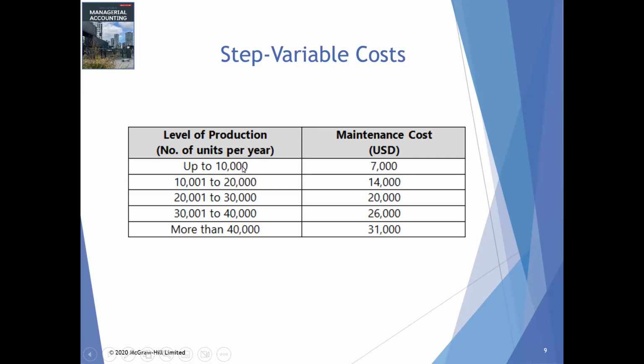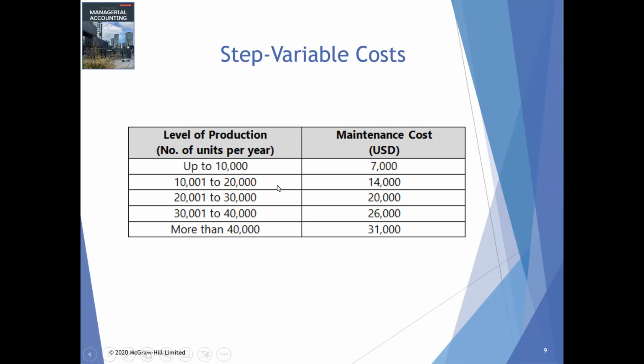If the level of production increases from 10,001 to 20,000, it means that $14,000 will be the maintenance cost. So there is one level, one step from this range, from this point of units. If it is going beyond this, again the maintenance cost will increase.